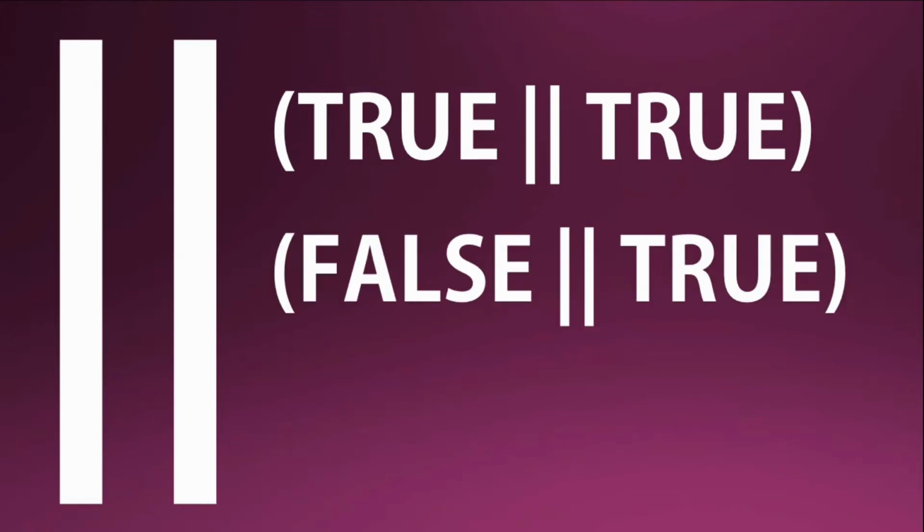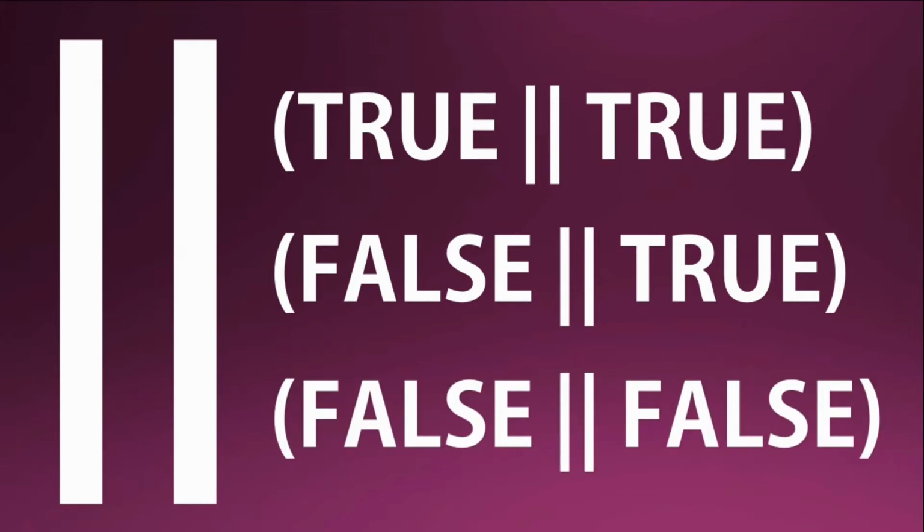In the second example here, where we see condition A equals false and condition B equals true, well, condition B makes the entire statement true. Only when both conditions evaluate to false does the entire statement become false. So if condition A is false or condition B is false, then the entire statement evaluates to true.